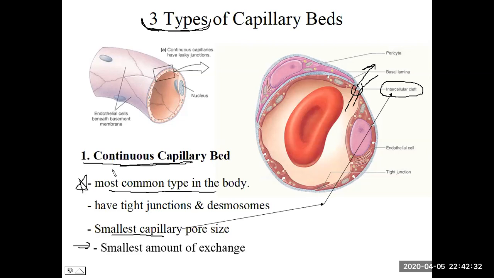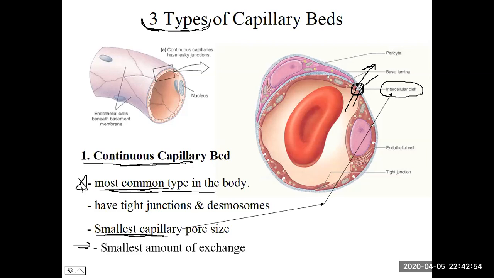So again, the continuous capillary, the most common type, so typically the type of capillary we find in most organs of our body. They do have, of course, these pores, gaps in their tissue structure. And again, this happens to be the smallest size pores when compared to the two other types of capillaries.